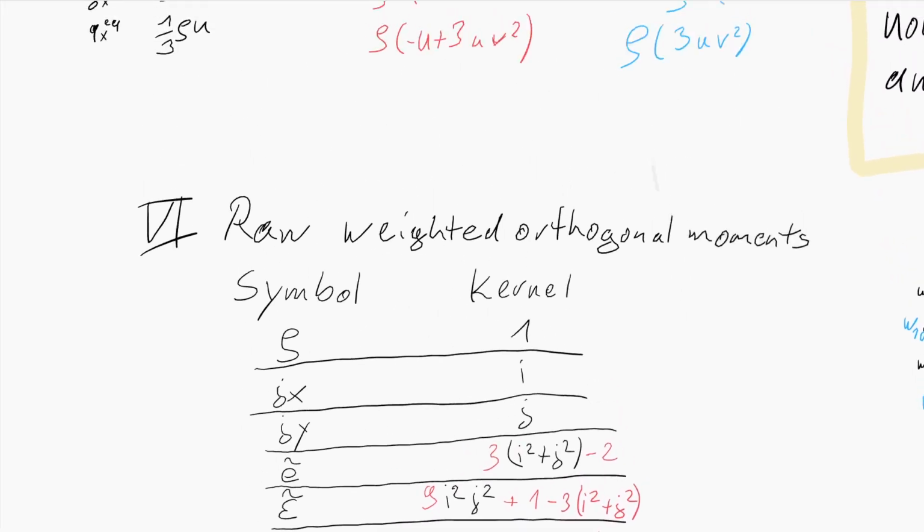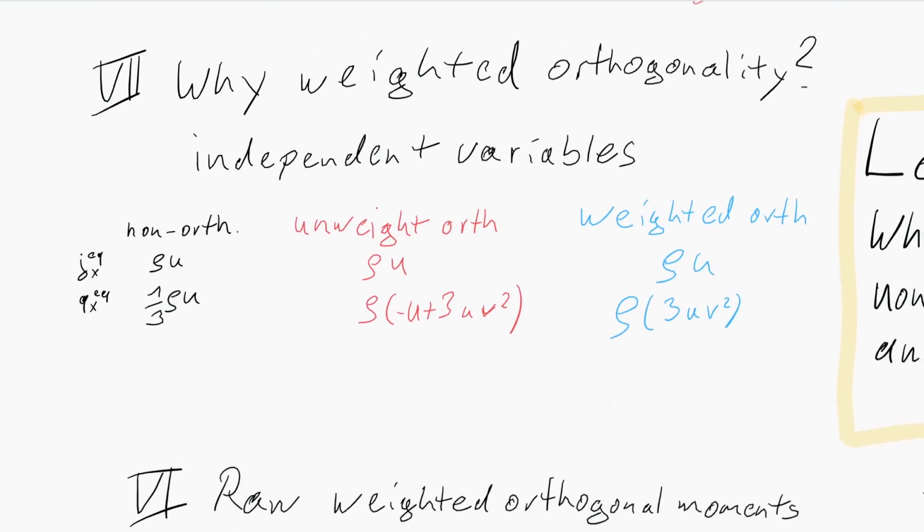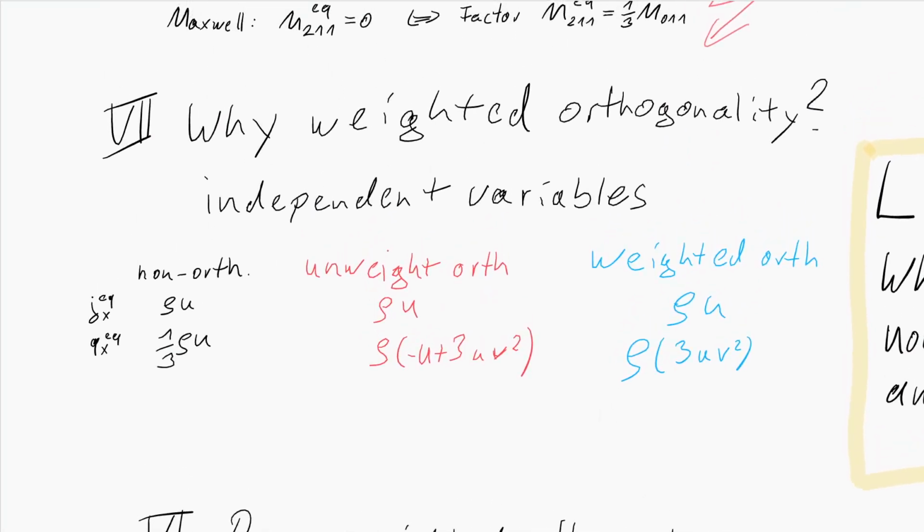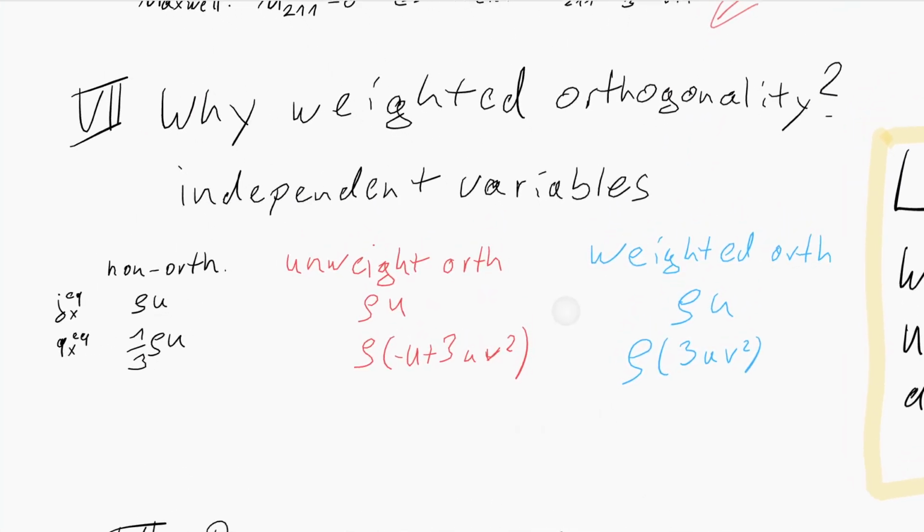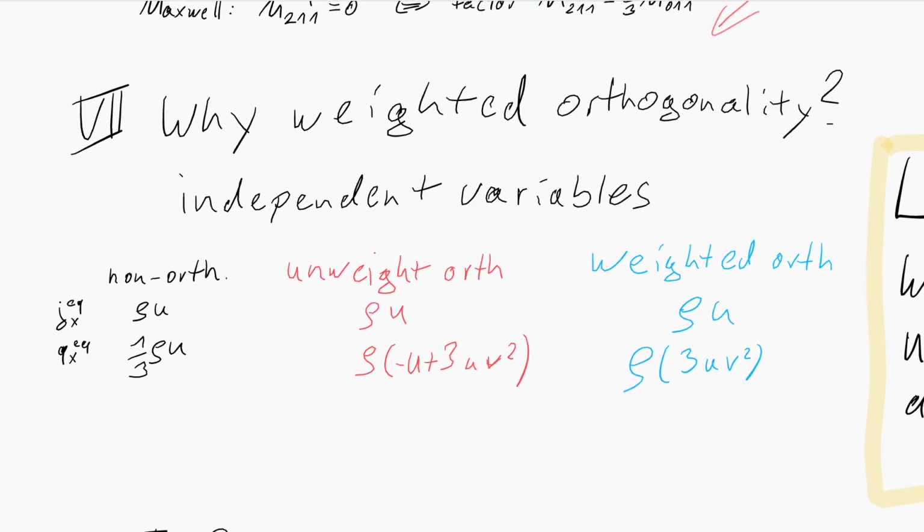So again, what is this good for? We do not have a very good explanation why we would do this in 2 dimensions, but I can give you at least a rough idea why this may make sense anyway.